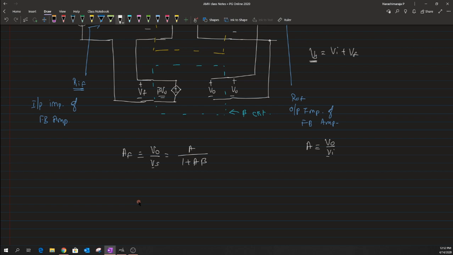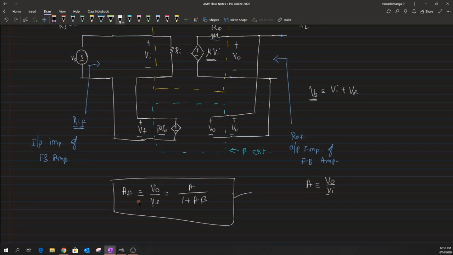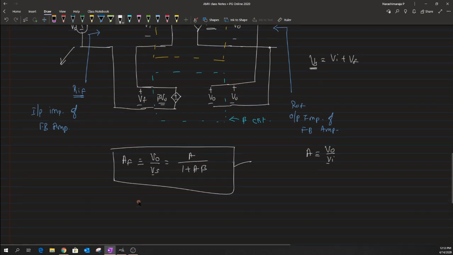Either it can be a current amplifier, or even a transconductance or transresistance amplifier. The definition of this closed loop gain expression always remains the same. Clear? Yeah. So one could bring this configuration down into a much simpler two port configuration, which I will model right now.